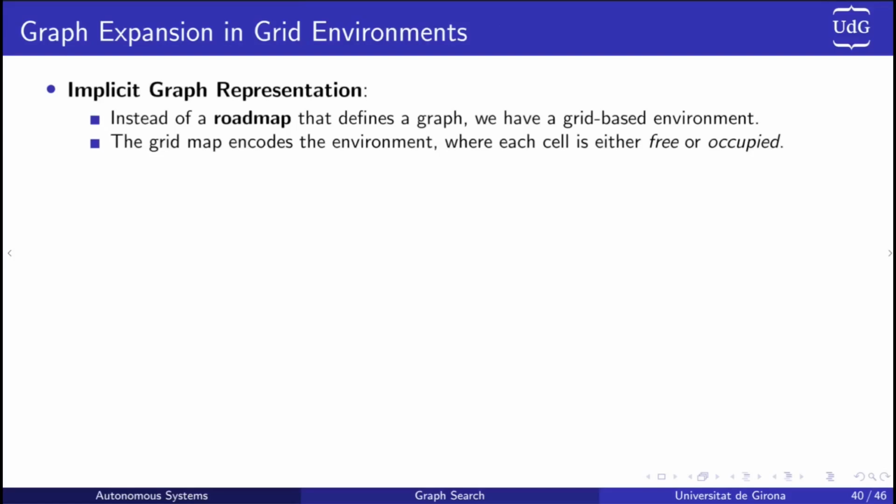There is just a last thing that I want to show you because it's related to what you will have to do in your lab. That is what happens if you don't have an explicit roadmap. I ask you to implement A-star, for instance, or Dijkstra.